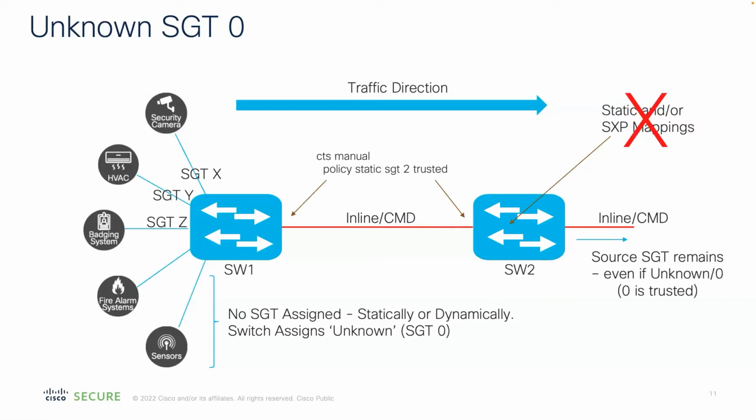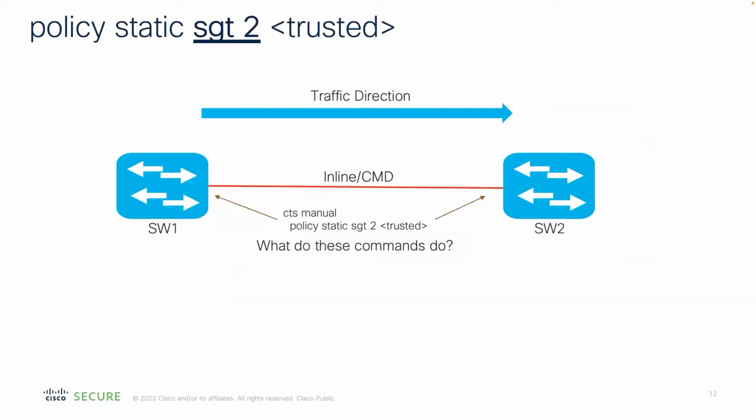Now I'm going to go into a bit more detail on this in the next slide, but just remember that the unknown SGT0 is trusted as far as SGT inline tagging is concerned. So let's go into that in a little bit more detail.